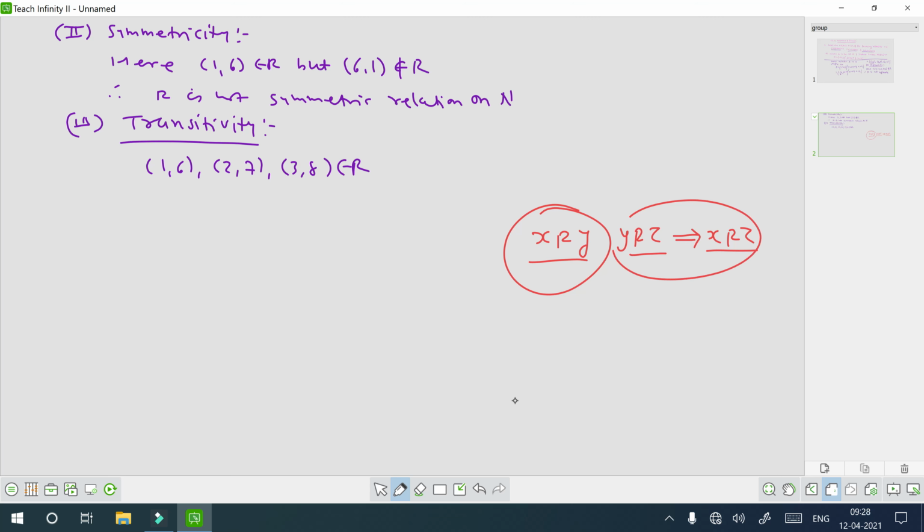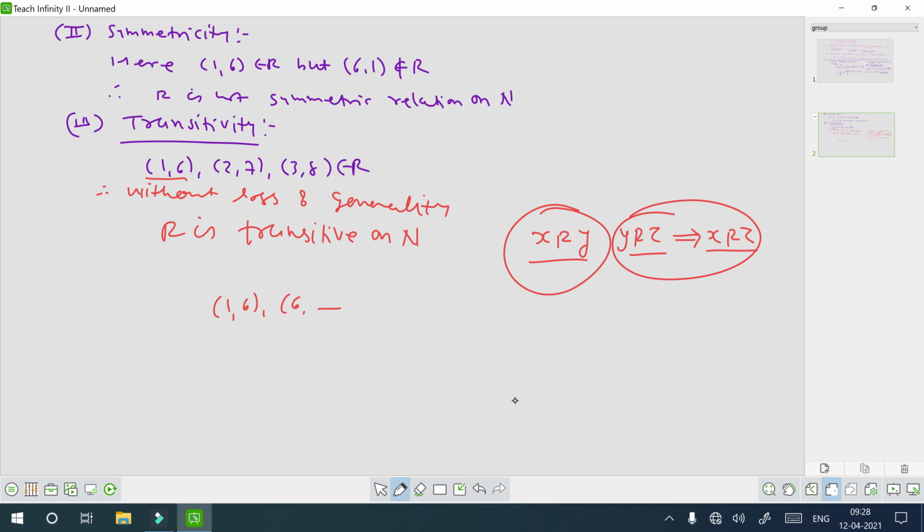So without loss of generality we can say that R is transitive on N. See, 1 6 is there, but 6 of some quantity is not in R. If 6 of some quantity were in R, then we would have to check whether 1 R z is in R or not.